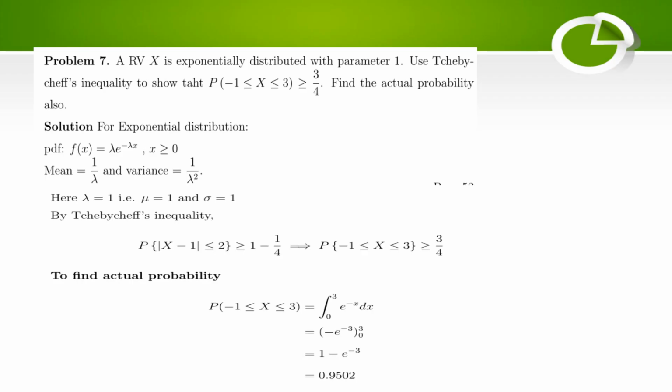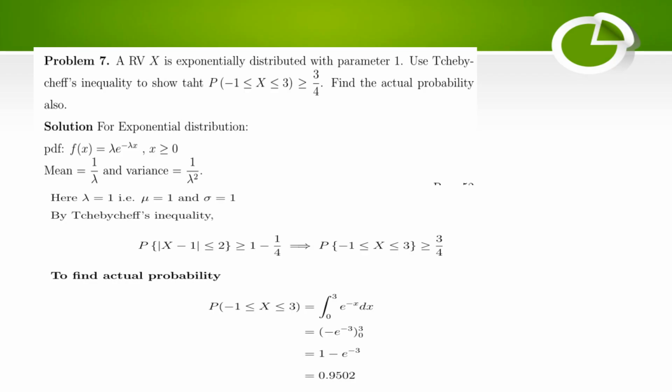By Tchebycheff's inequality, P(|X − 1| ≤ 2) ≥ 1 − 1/4, which implies that P(−1 ≤ X ≤ 3) ≥ 3/4.